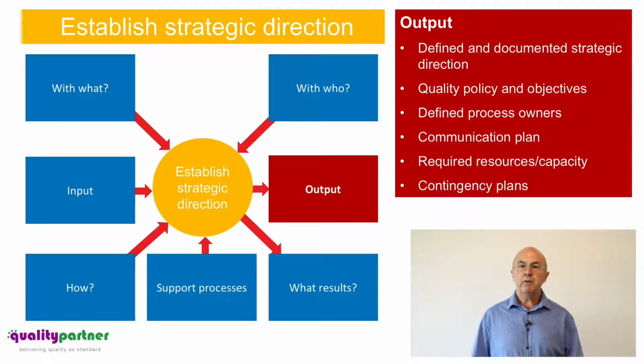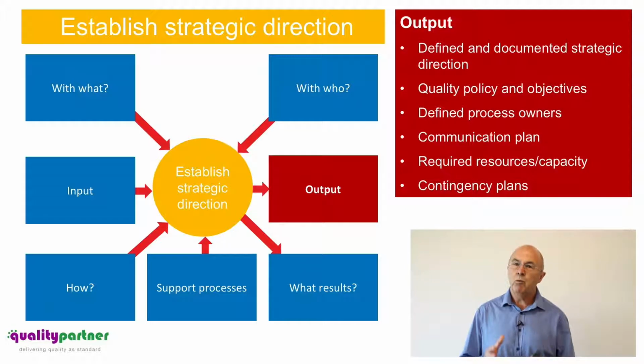So once top management have been through the process of establishing the strategic direction, let's take a look at what some of the outputs of this process may be. The first thing is we need to have a clearly defined and documented strategic direction. Now, one of the requirements in the previous edition, ISO TS 16949, was for an organisation to have a business plan containing the organisation policy and objectives.